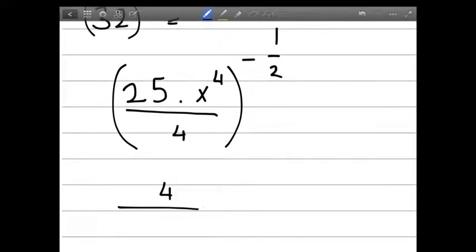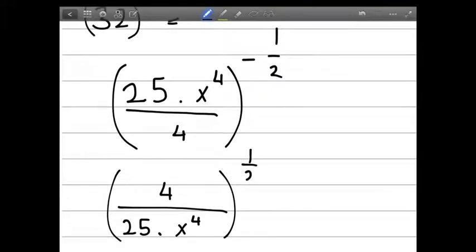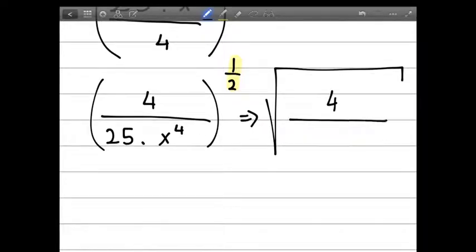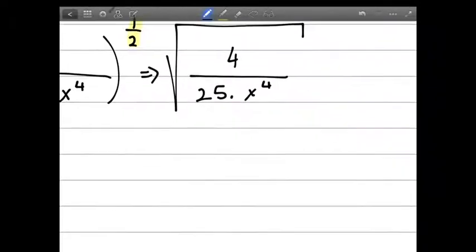That makes the question like this, and the power turns to a positive sign. And as you know, the power of 1/2 means the square root.